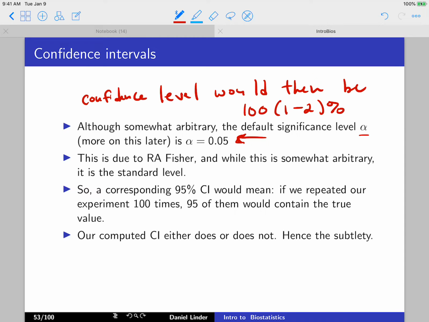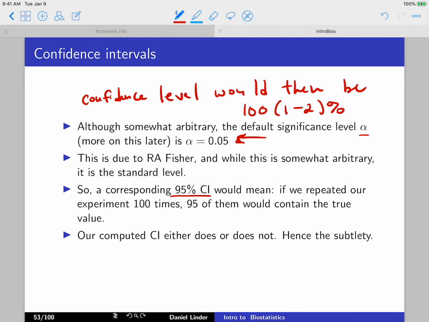Well, basically what it means is that if we have, say, a 95% confidence interval, and we were able to repeat our experiment 100 times, so we would collect data, same sample size, everything, compute, say, the mean in all of these 100 data sets, and compute the confidence interval for all of these 100 data sets, then 95 of them would contain the true value.